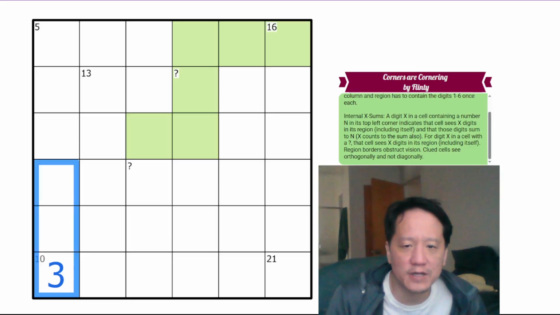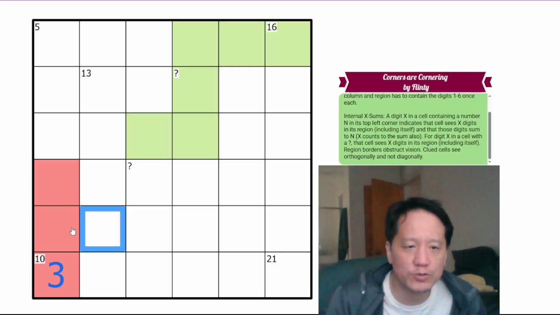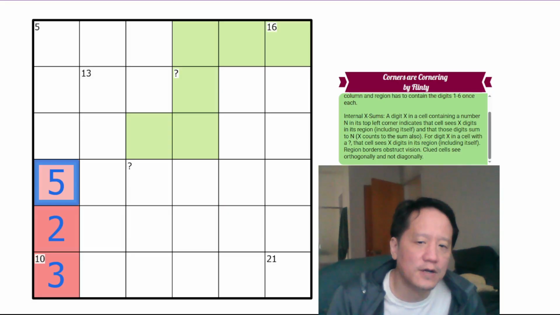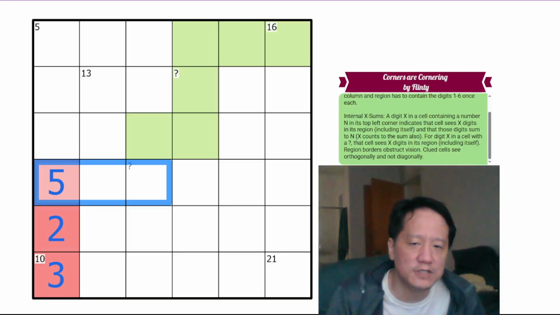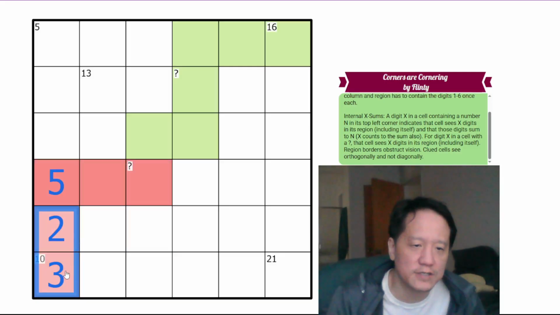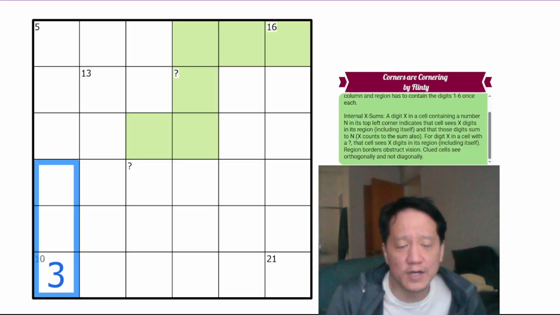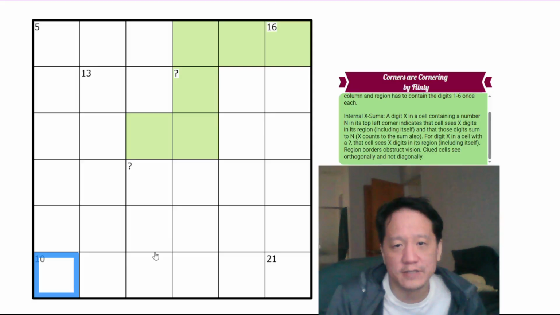So it could be something like this, like 2 and 5. And this would be valid as long as the region does not include other cells that this can see. That's essentially an example of how these internal x sums work.